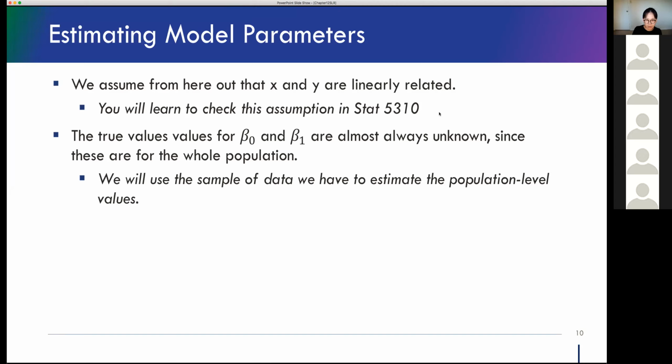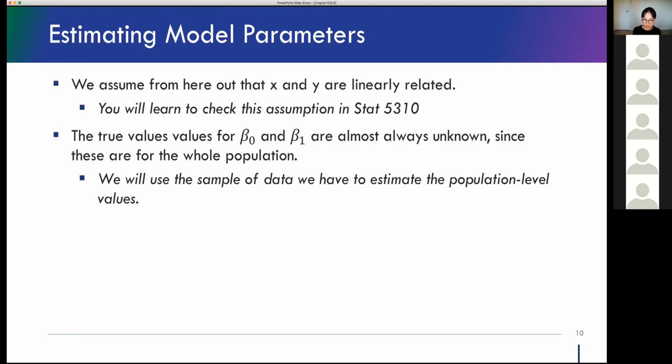The true values of beta 0 and beta 1 are unknown, because they are the underlying truth about the whole population. But we collected data, X and Y, either through an experiment or an observational study: X1, Y1, up to Xn, Yn.